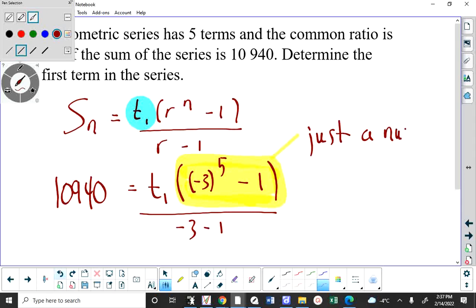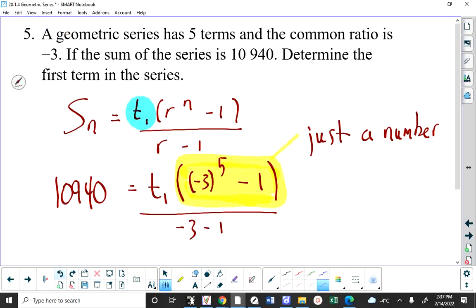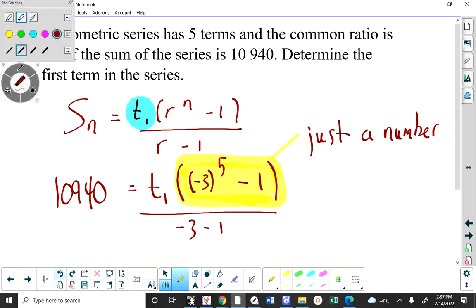Forget about what the number is. Negative 3 to the 5 minus 1 is just a number. And this thing, which isn't difficult to figure out, is just a number as well.